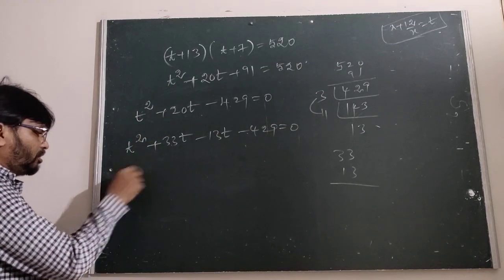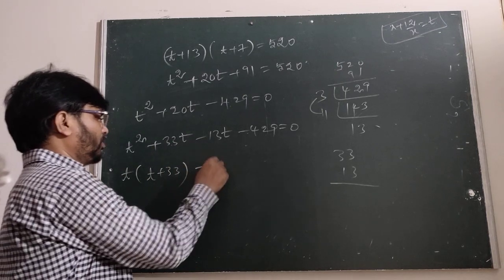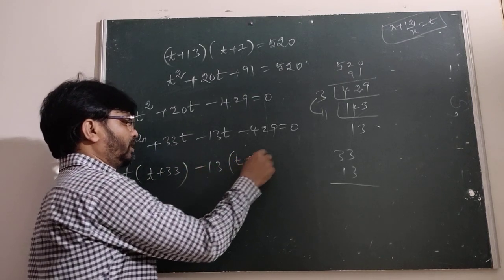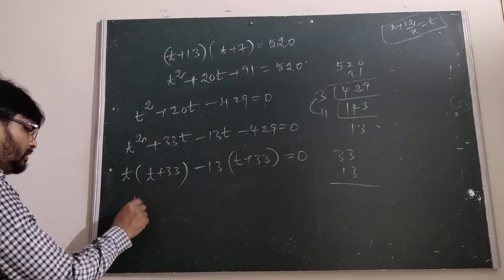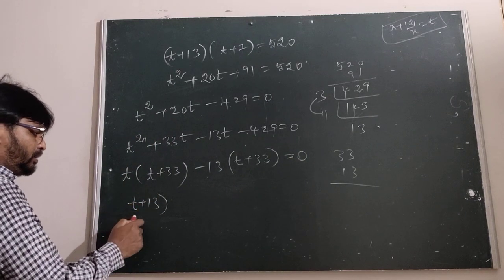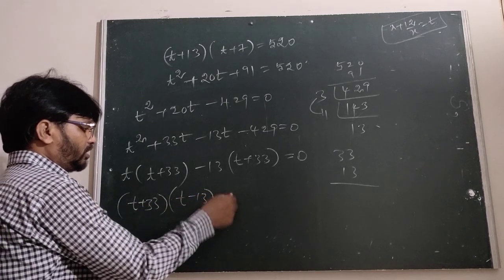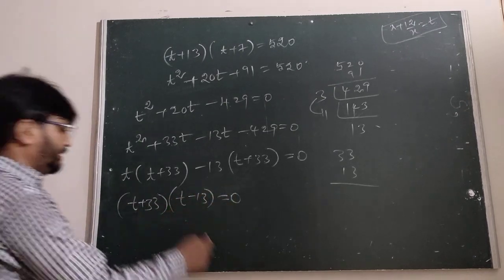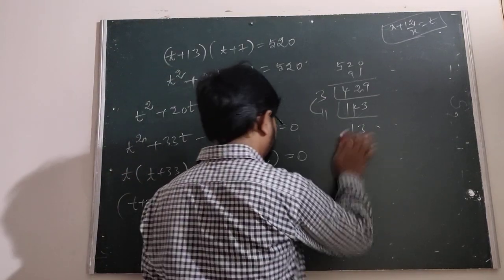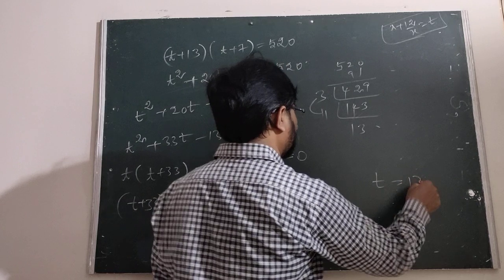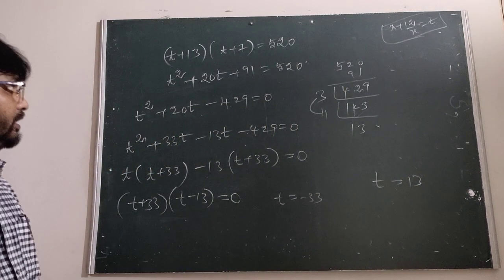Now we get t = -33 and another value t = 13.